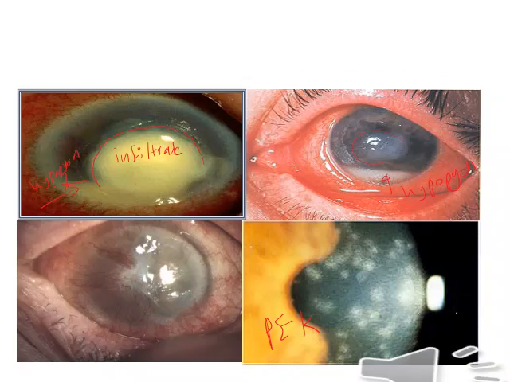Another very important topic in our lecture is microbial keratitis. Microbial keratitis could be viral, bacterial, or fungal keratitis. What is the predisposing factor for microbial keratitis? A normal cornea can't get the infection.